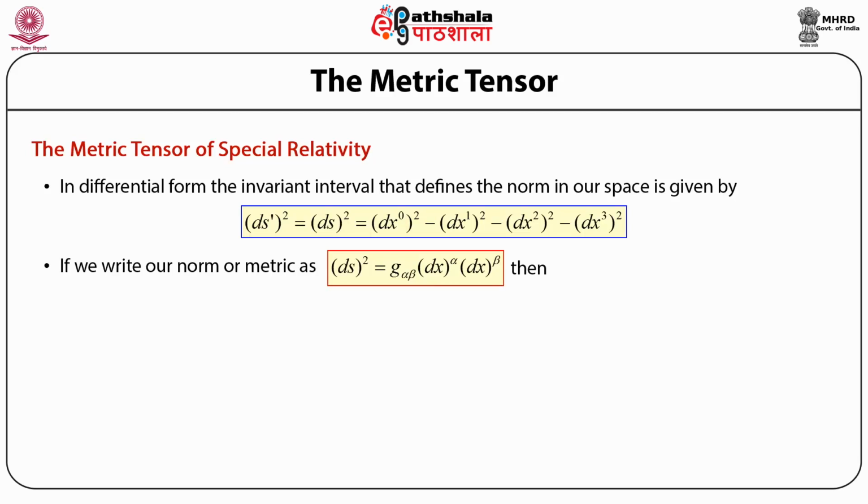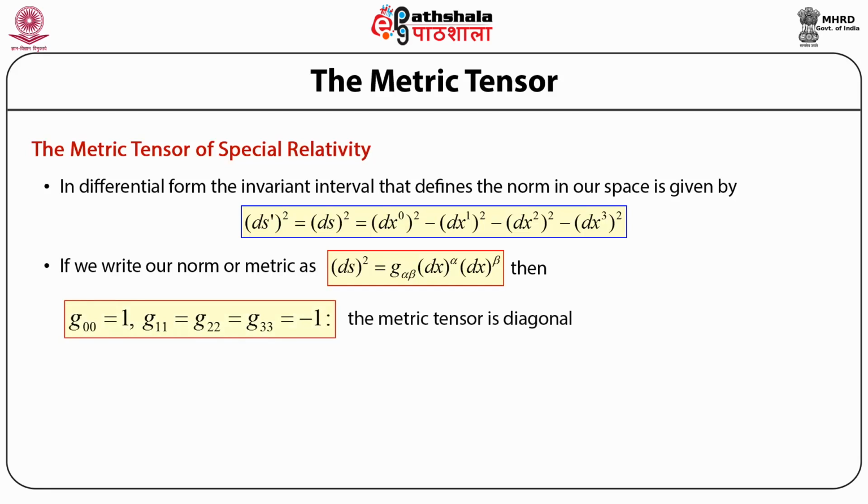Then this quantity g_αβ, the second rank covariant tensor, has the components, if we compare this equation of the interval ds squared with the above equation, that g_00 is equal to 1, and g_11 equals g_22 equals g_33 equals minus 1.